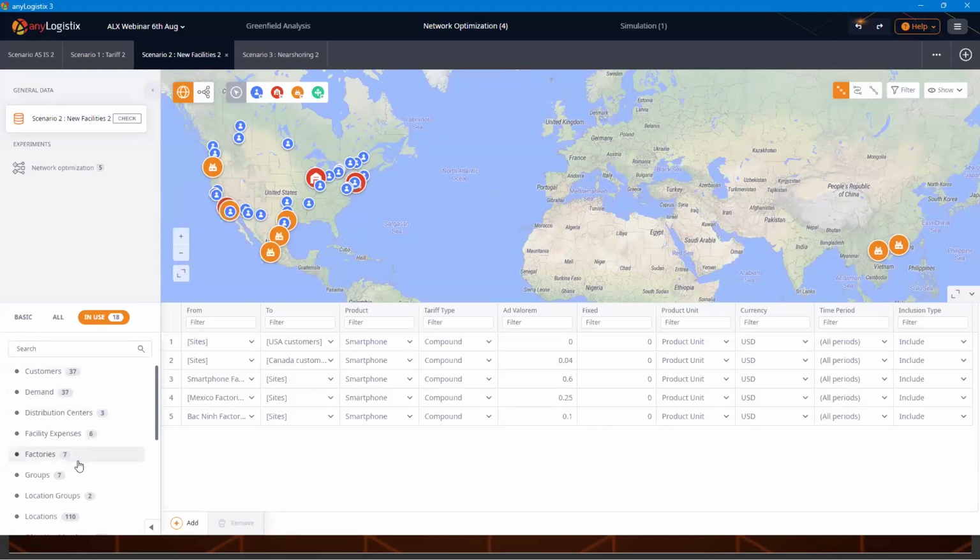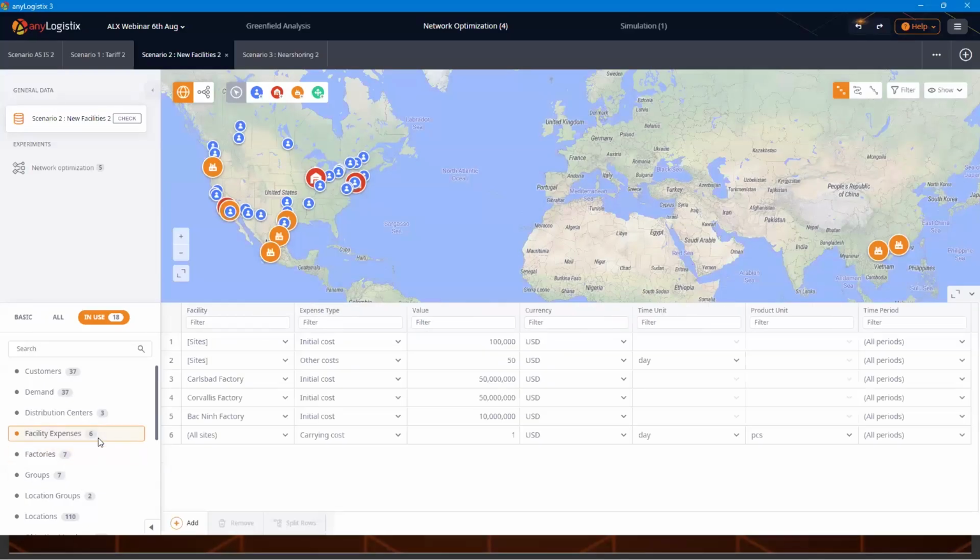Before moving on, since we want to open some new factories, we do have a cost, here we say initial cost, but this is an investment cost. So if I want to open this factory, I need to invest like 50 million USD. Same thing for another factory in the USA, and the factory in Vietnam costs like 10 million to open.